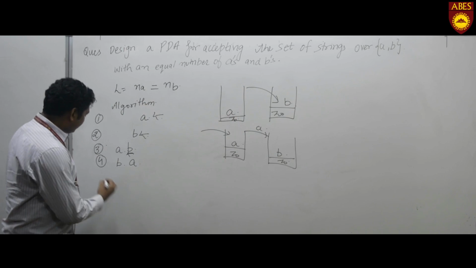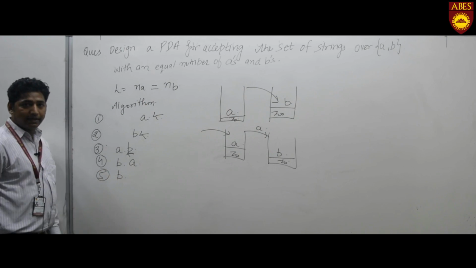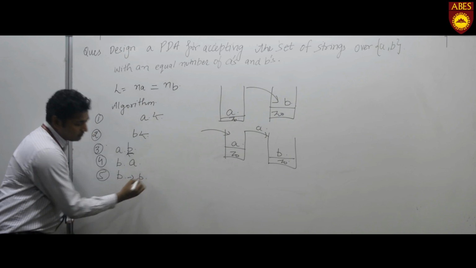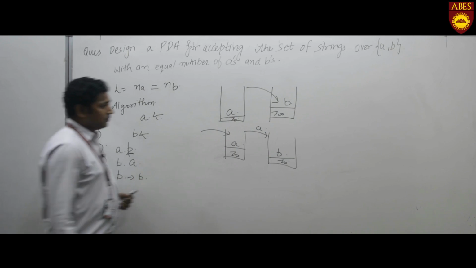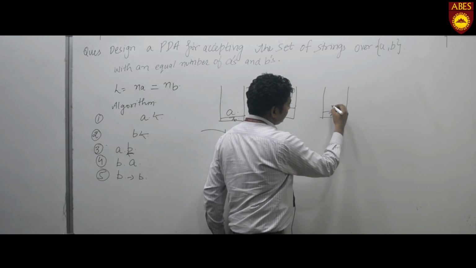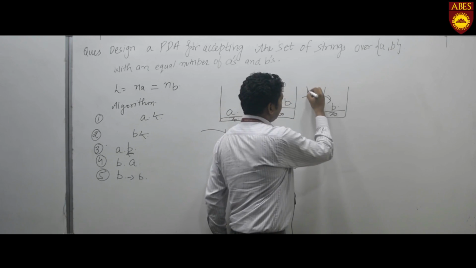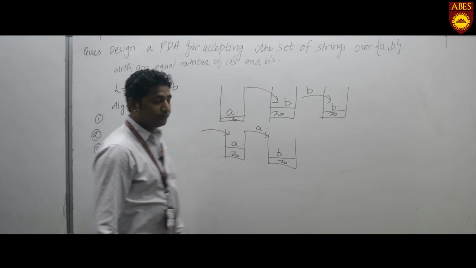Another condition we can have, the fifth condition, is that B is already in the stack and a B follows this B. So for this we can have Z0 initially and B is the first symbol and we are pushing another B into the stack.